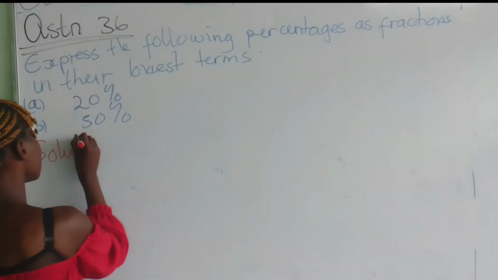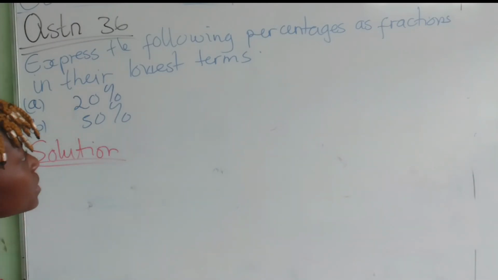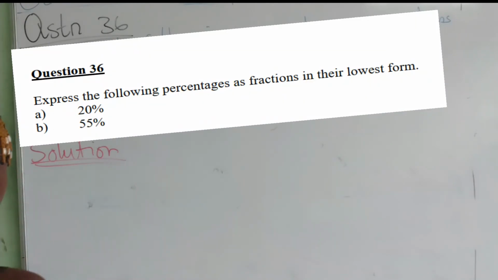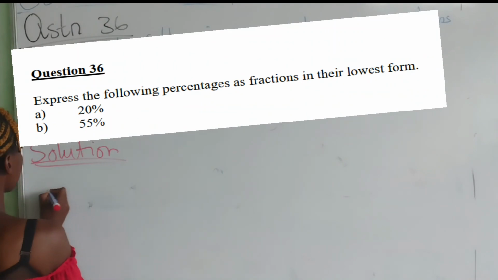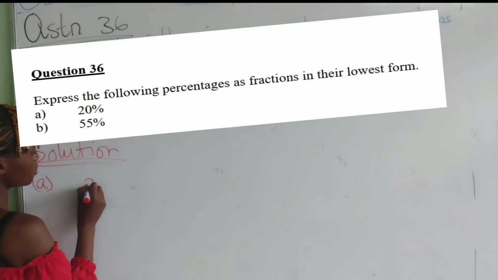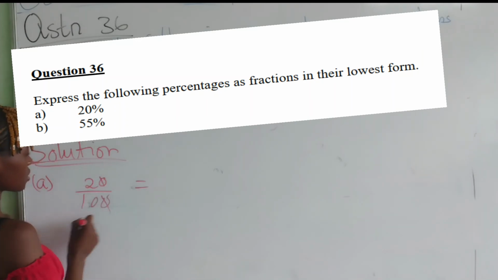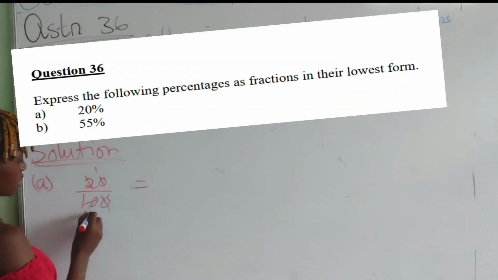Solution. Express the following percentages as fractions in their lowest terms. In their lowest terms, okay? So for A, the fraction in lowest terms is 20 over 100. You cancel out the zeros, 20 to 1, 20 to 10, it's fine.